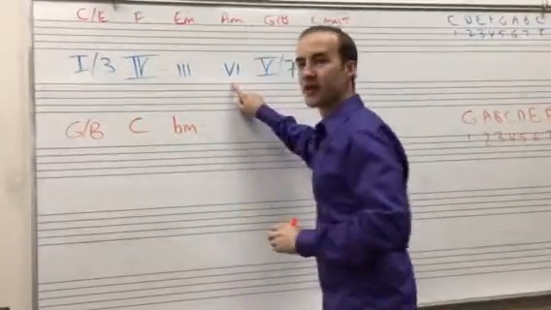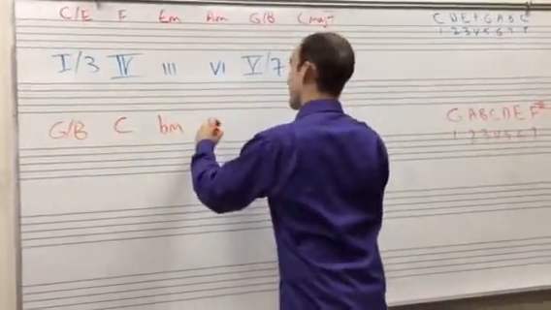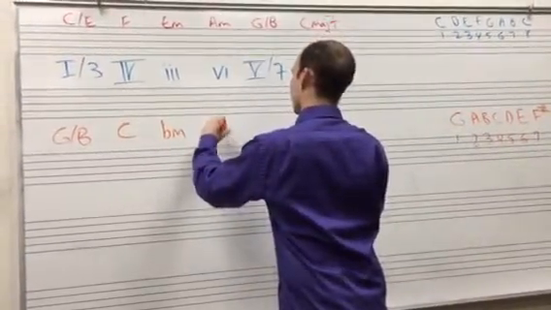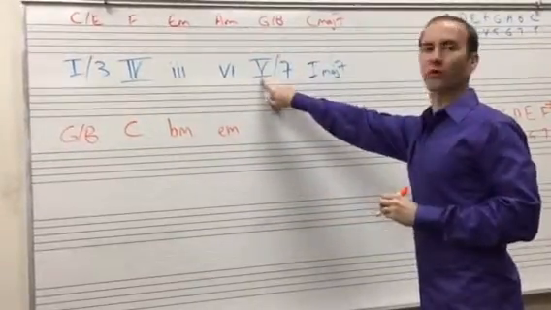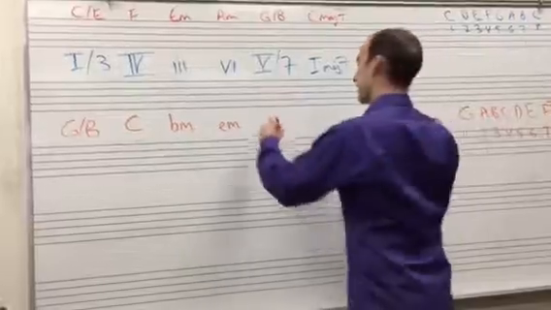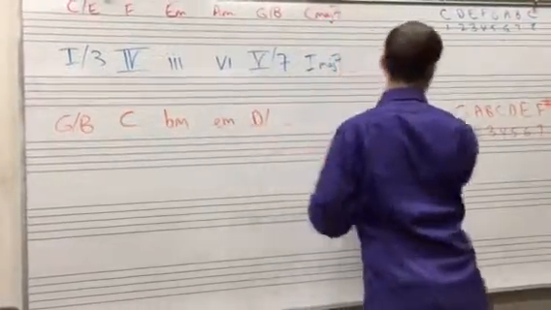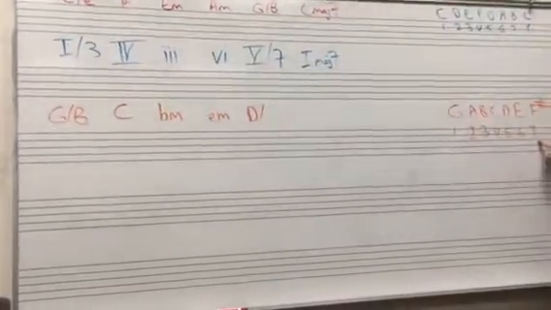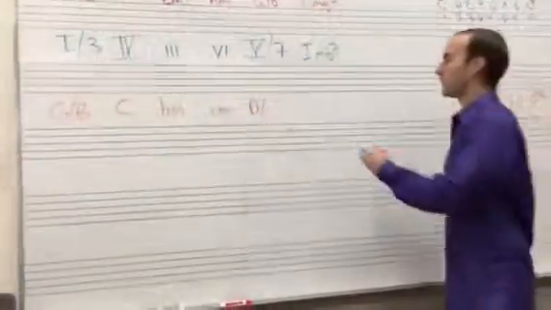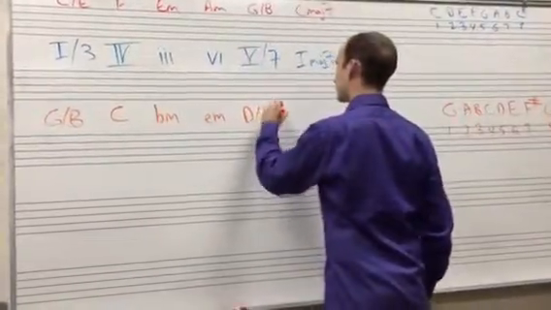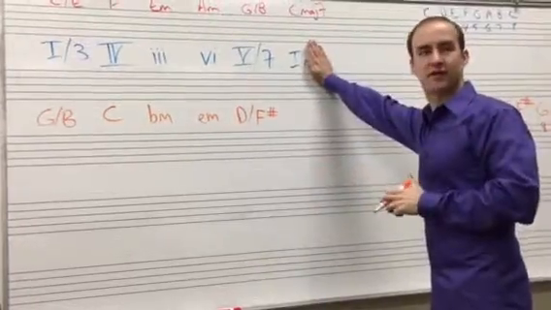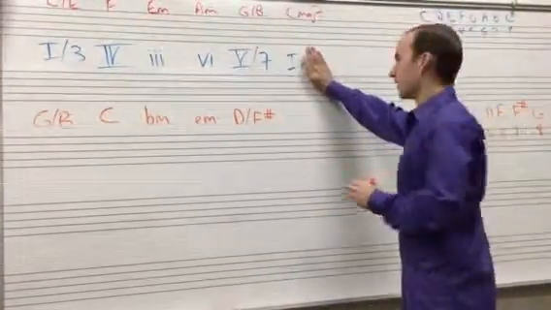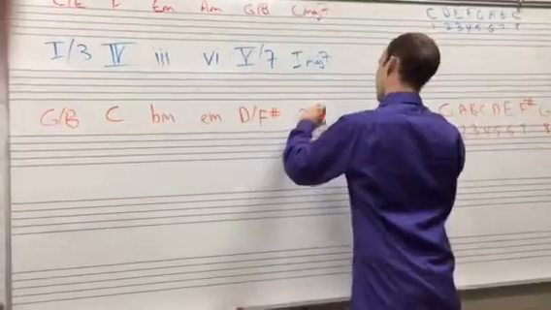The 6th chord is? E minor. Then, before you look at the slash, the 5 chord is D. Then put the slash. The 7th note of the scale is F sharp. Then again, ignore the major 7 at first. Just look at the 1, just the G, and then we'll put major 7.